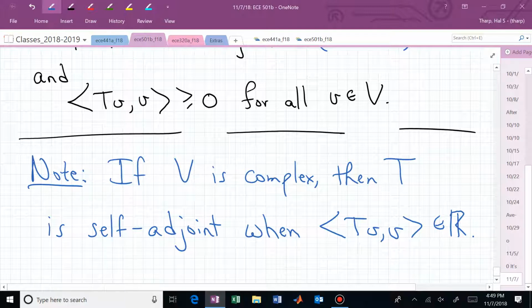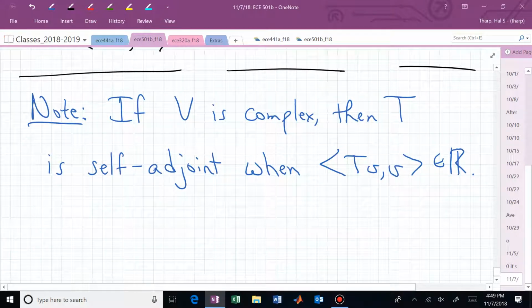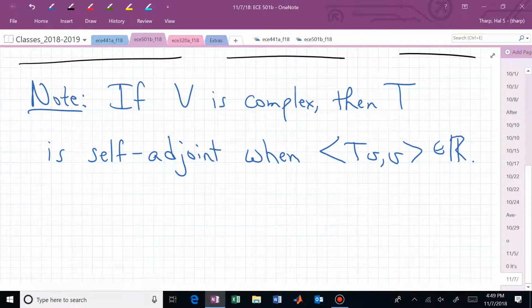So that's a scalar. If we're dealing with a complex vector space and T is self-adjoint, then when we take these inner products of TV and V, we'll get real numbers or real scalars. Here's a justification of that note.